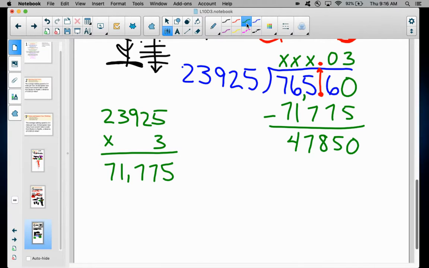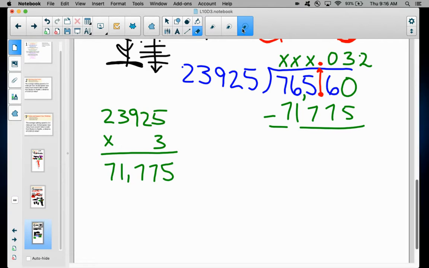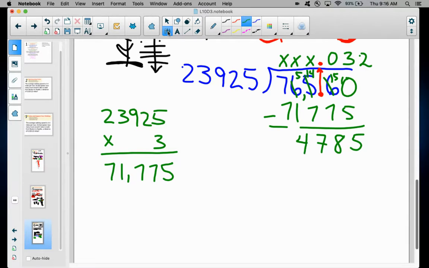So we can have a 2. Sorry, my numbers did not quite line up because I didn't start the right way. So let me line this up the right way. When we are subtracting, we're getting a 5, then an 8, then a 7 and a 4. So we are annexing a 0 and bringing that down again.